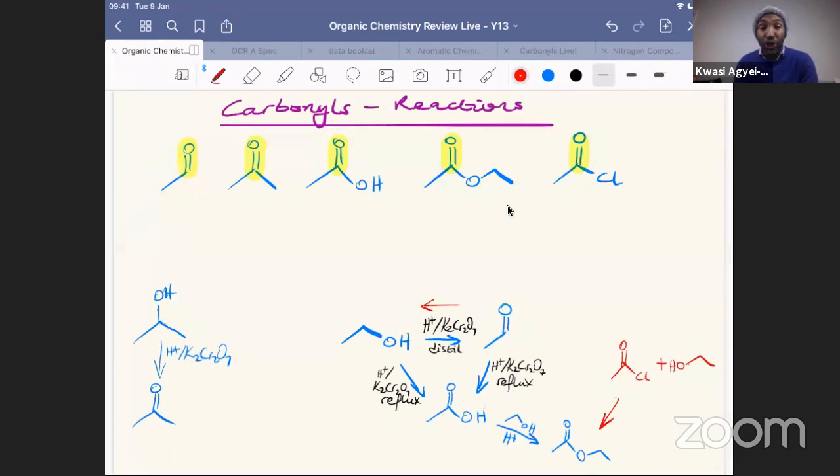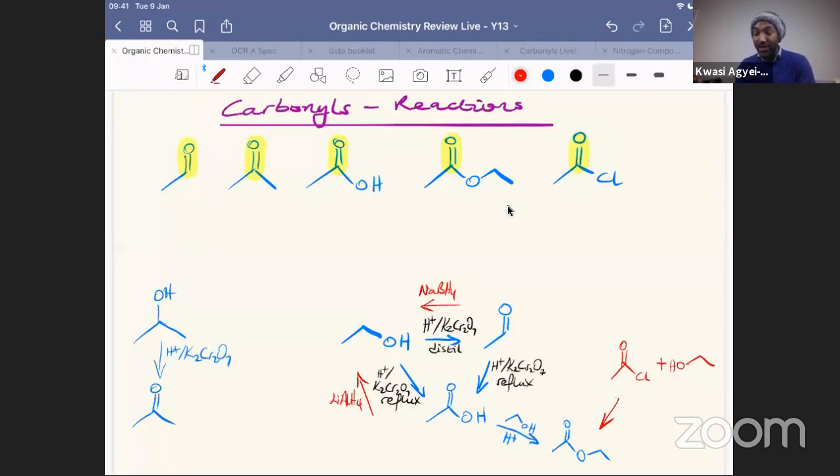Sodium borohydride might be the reducing agent of choice. There are, of course, others such as lithium aluminium hydride. So you could reduce your aldehyde. You could also reduce your carboxylic acid all the way back to the alcohol.